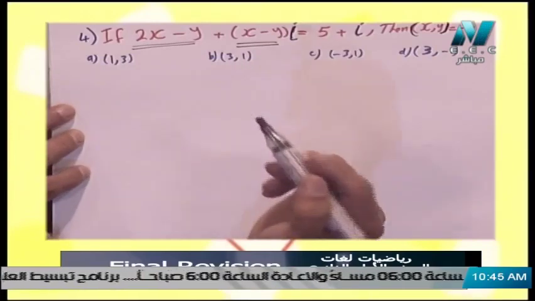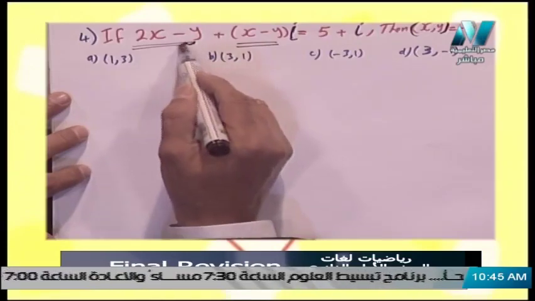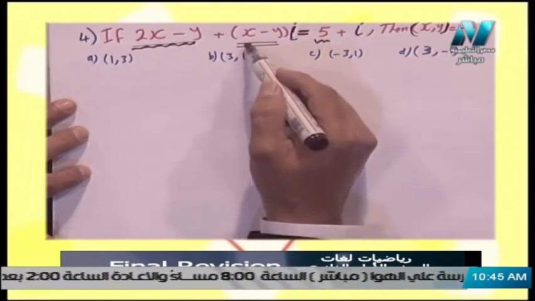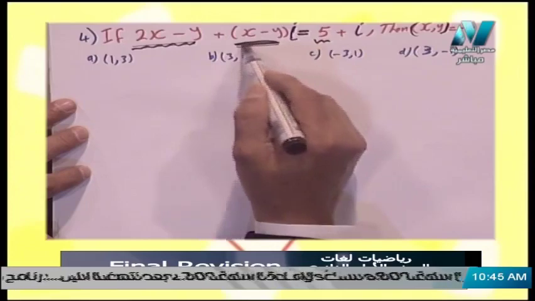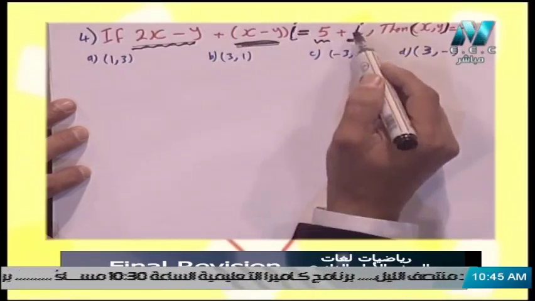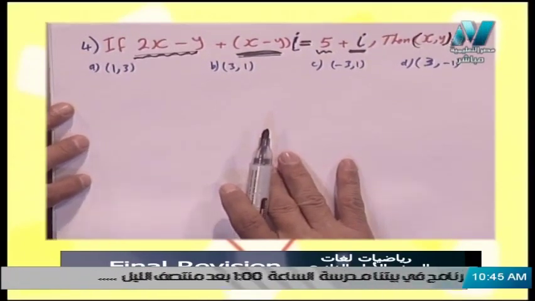Okay, if we have a real number here, it's equal to the real number on the other side of the equation, and the imaginary number here equals the imaginary number there, and concentrate that i here has the coefficient equal to 1.